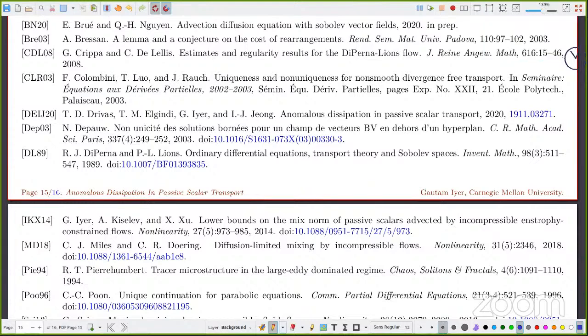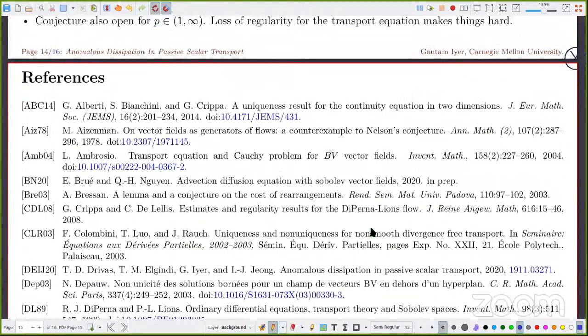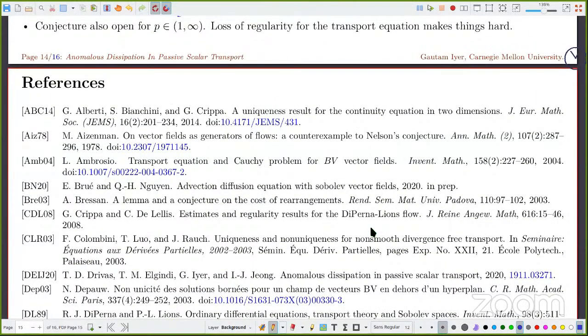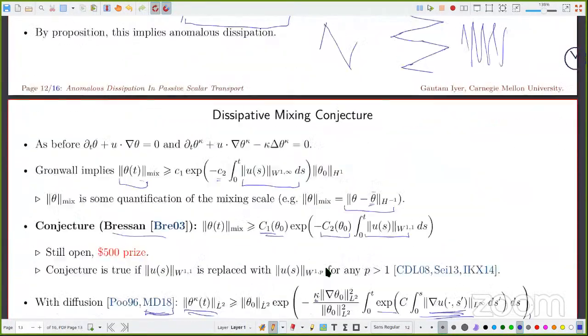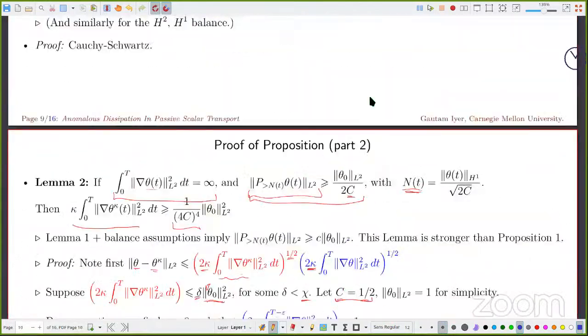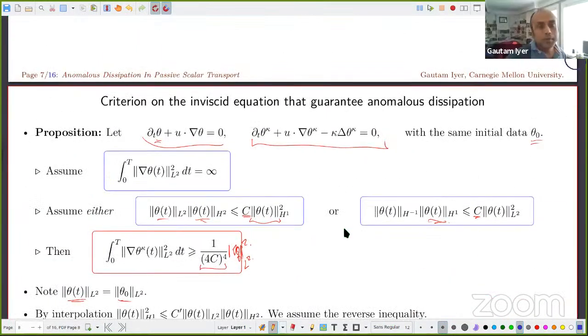Hi, Gautam. Very interesting talk. I have a question. I suppose it's somehow outside of everything you have proved, but I'm still wondering if the blow-up condition you assume on the inviscid flow is strictly necessary for anomalous dissipation in this model.